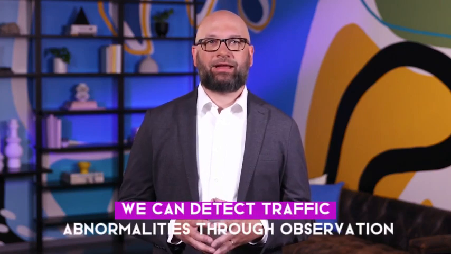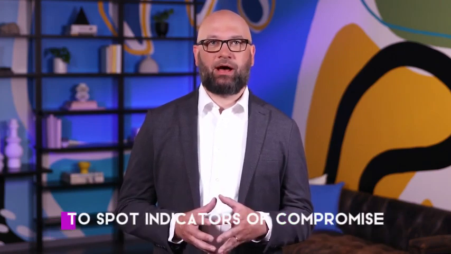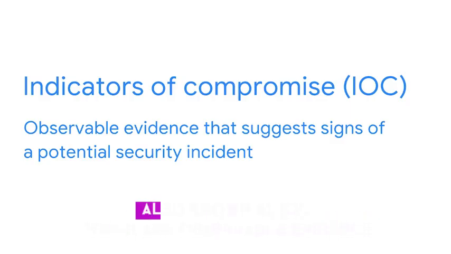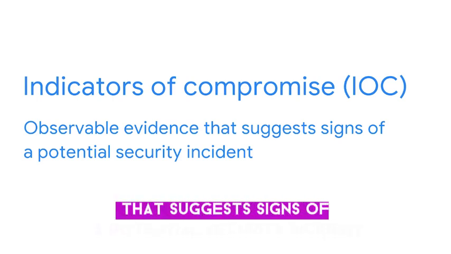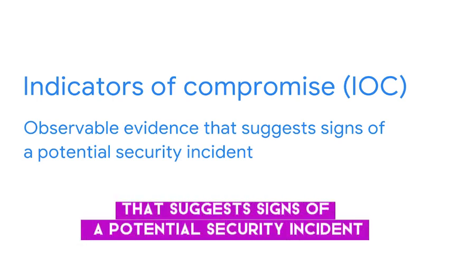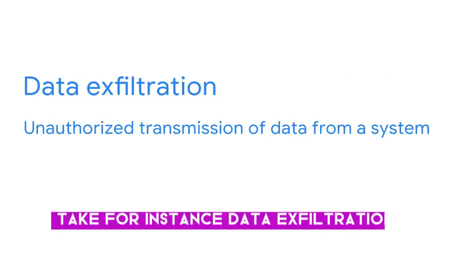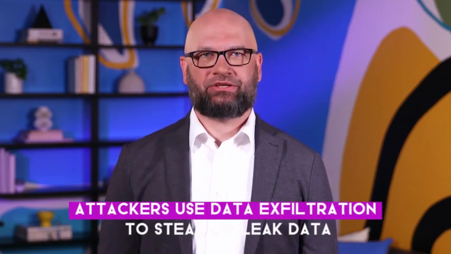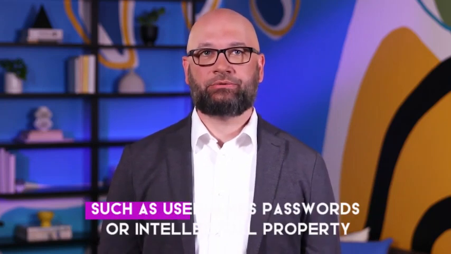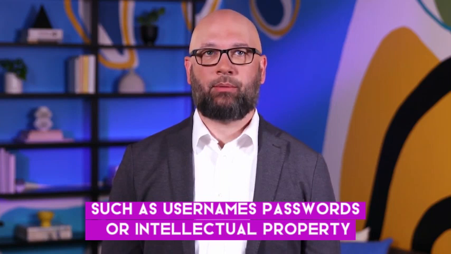We can detect traffic abnormalities through observation to spot indicators of compromise, also known as IOC, which are observable evidence that suggests signs of a potential security incident. Take, for instance, data exfiltration, which is the unauthorized transmission of data from a system. Attackers use data exfiltration to steal or leak data such as usernames, passwords, or intellectual property.